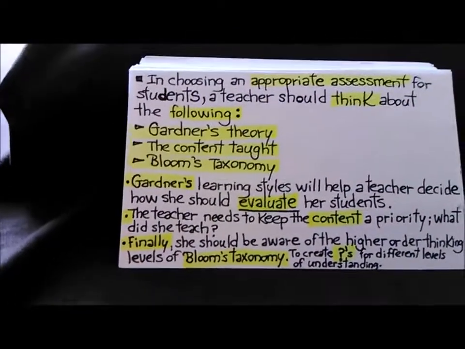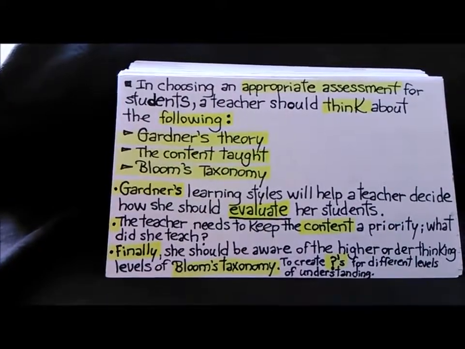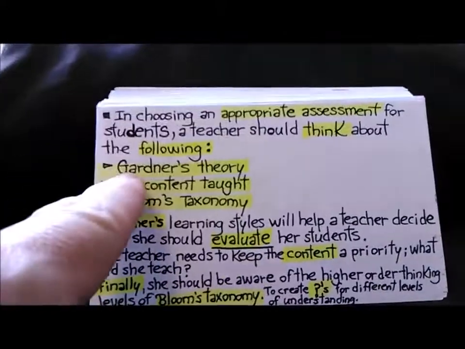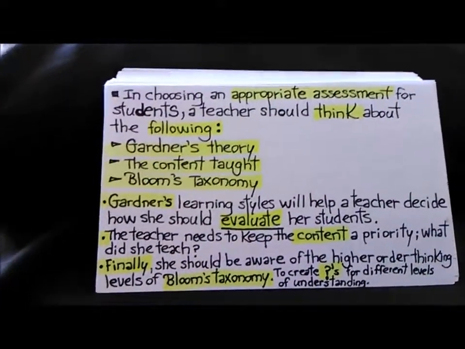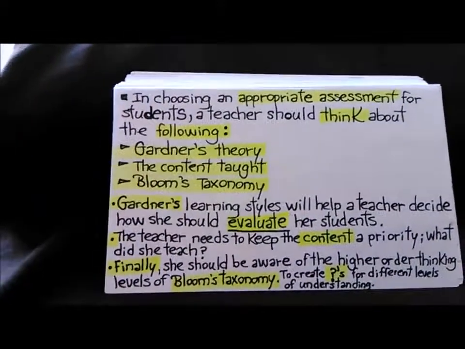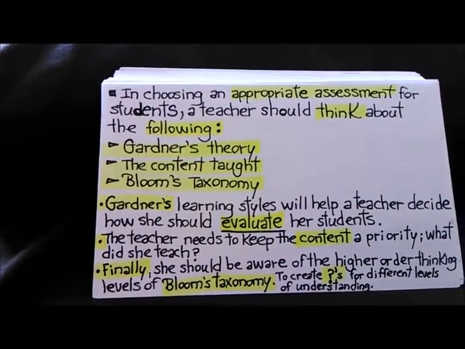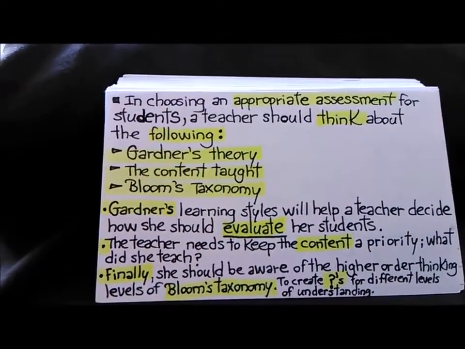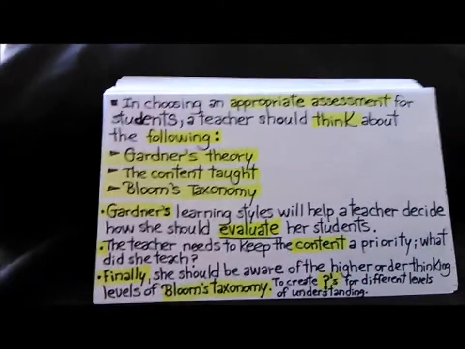In choosing an appropriate assessment for students, a teacher should think about the following. Think about Gardner's theory, think about the content taught, and think about Bloom's taxonomy. Gardner's learning styles will help a teacher decide how she would evaluate her students.